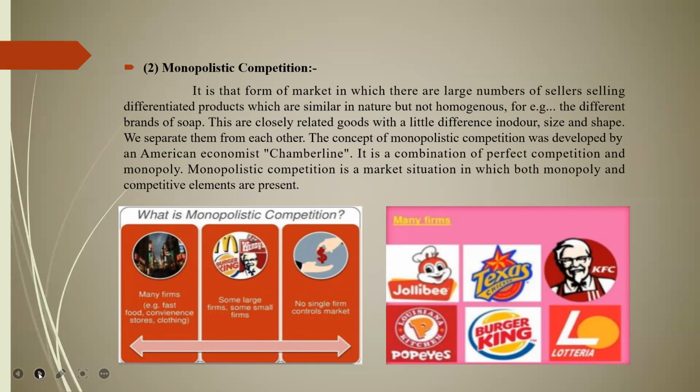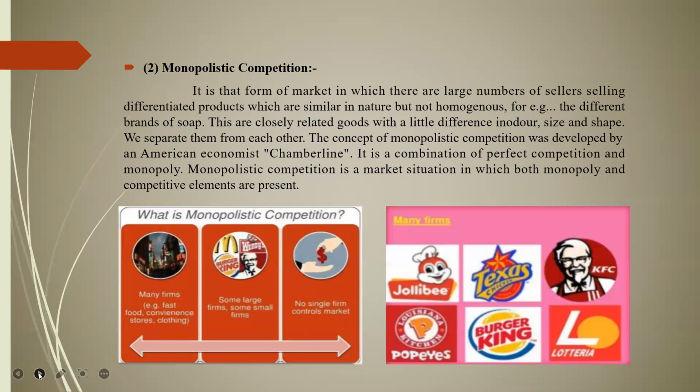The concept of monopolistic competition was developed by an American economist, Chamberlin. It is a combination of perfect competition and monopoly. Monopolistic competition is a market situation in which both monopoly and competitive elements are present.